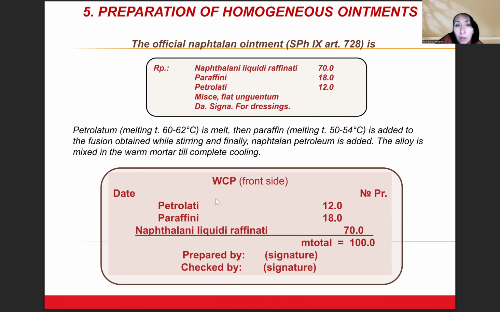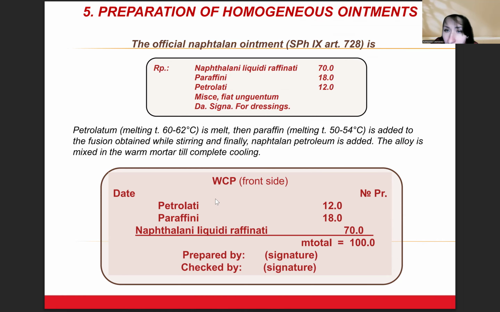How do we take it? Firstly, we take a porcelain cup, place there petrolatum, put it onto the water bath at the temperature 60-62. It melts, absolutely, it becomes a liquid.